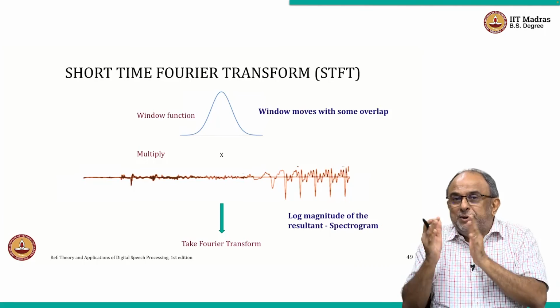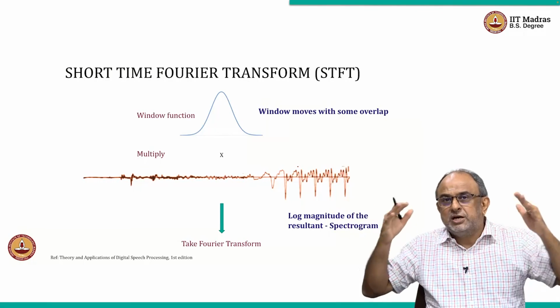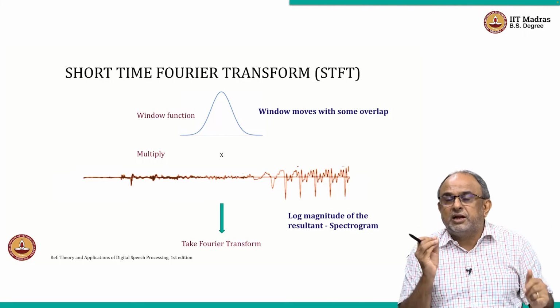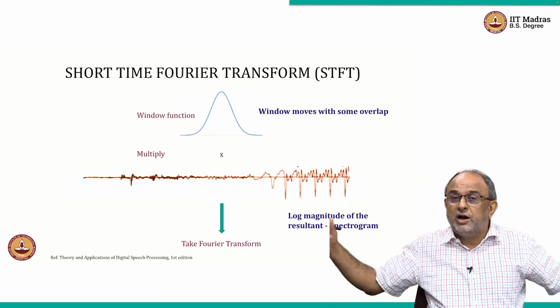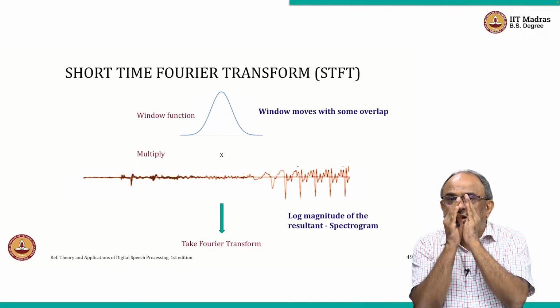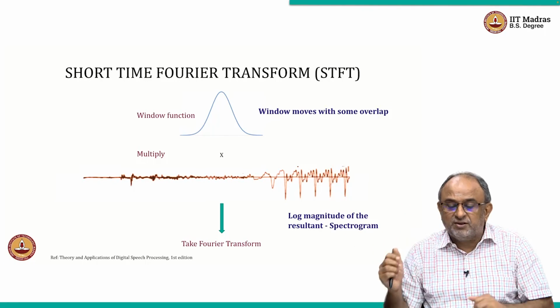So any rapid changes in the time domain signal will not be captured. Why? Because it's taking an entire, say, 100 milliseconds of information. Something that happened only within 15 and 20 milliseconds cannot be captured. The whole 100 milliseconds is being captured. But if I take a very narrow window, then what happens between 15 and 20 gets easily captured.